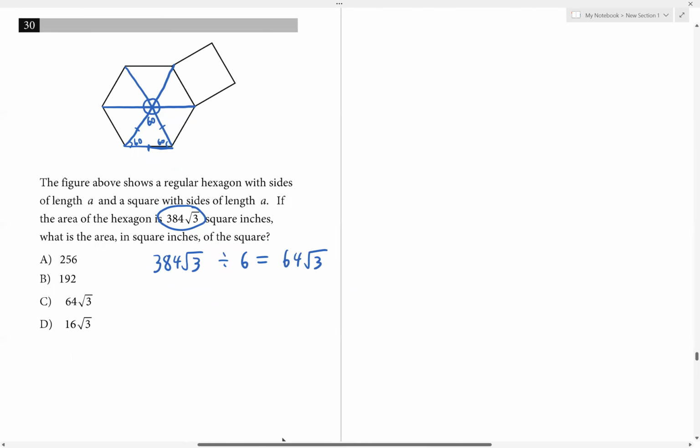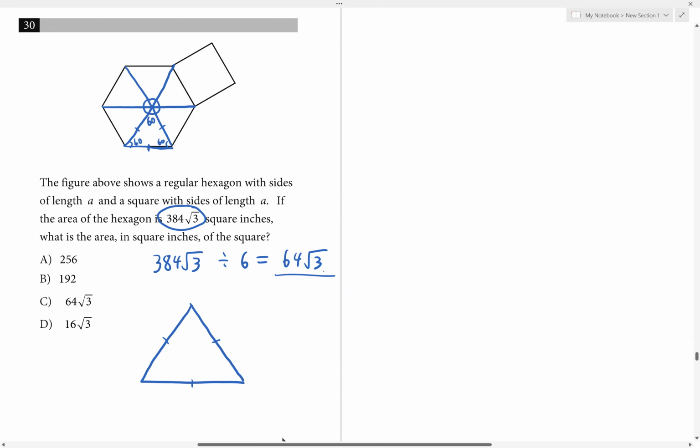That is the area of each triangle. Let me draw a close up of this triangle: all 3 sides are the same, and the area is 64 square root of 3.